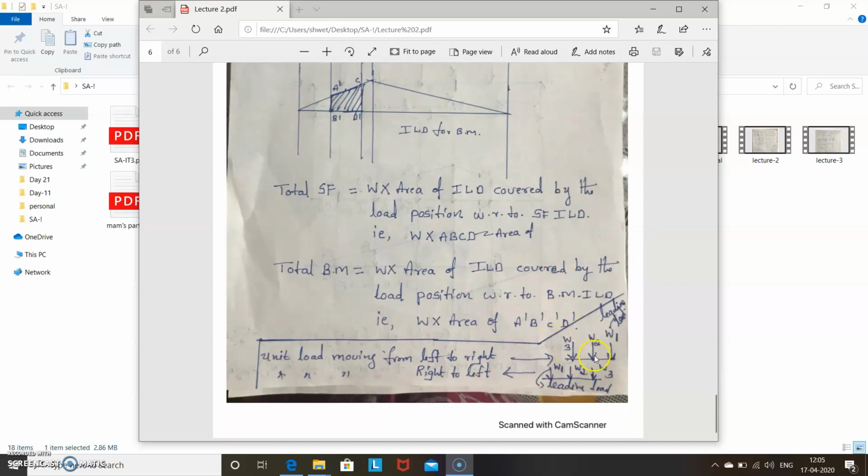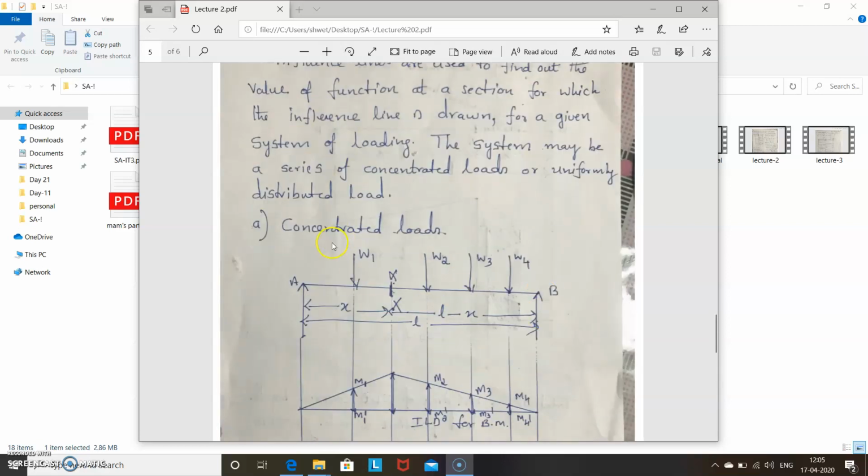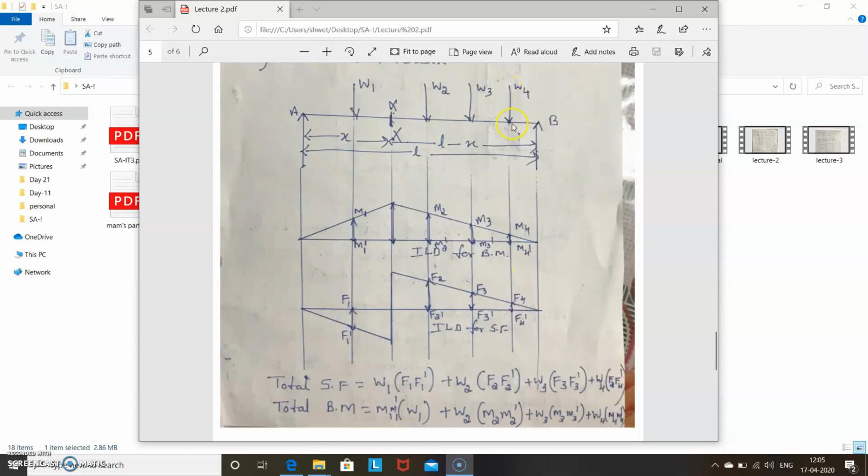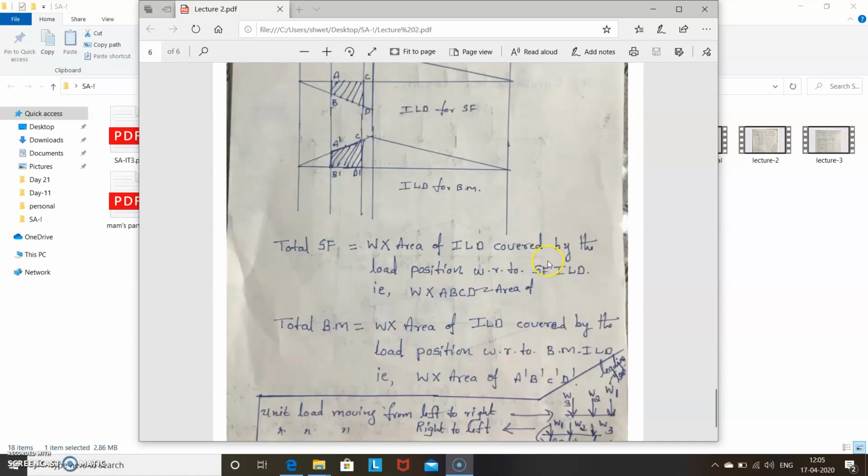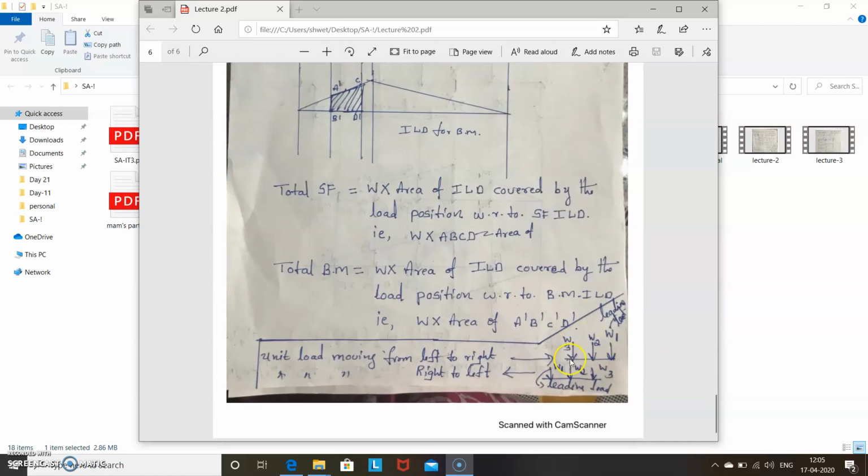Okay, so W3, W2, I have written in the other way. Here I have shown W1, W2, W3, W4, or you can show W4, W3, W2, W1. Anyhow, whichever comes here, which occupies this position, that is the leading load. Here I have shown the movement from left to right with this arrow mark. So three loads, and this is the leading load.